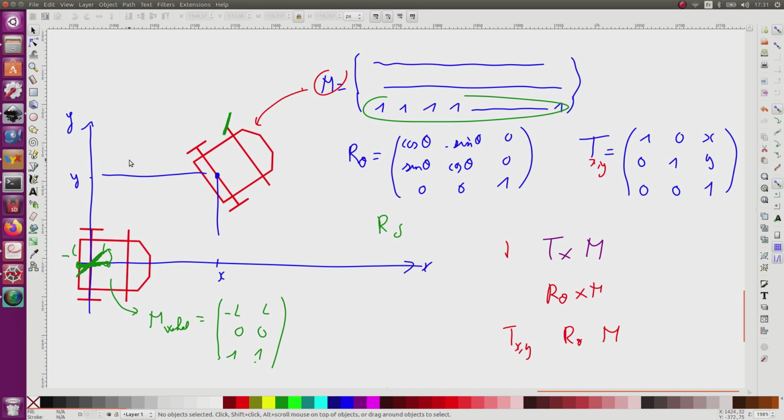So I rotate first, then I translate to put it at the right place here. I will do this for the left front wheel, but also for the right front wheel. So the rotation will be the same, an angle delta for the two of them, but the translation will be different. And once the wheels have been placed, then they should receive the same transformation as the chassis itself.